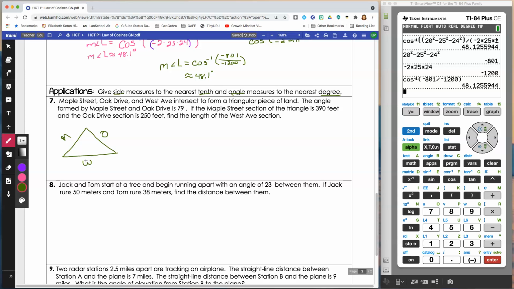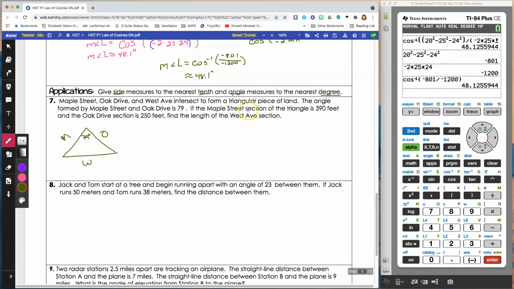Okay, now the angle formed by Maple Street and Oak Drive is 79, and we're going to have to assume that this is 79 degrees because they're not telling us it's radians, and that doesn't really make sense in radians. So this angle is 79 degrees.